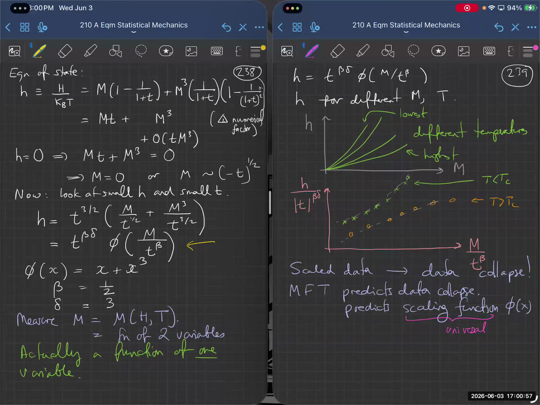Okay. So then suppose that we have t equals Tc. If we have t equals Tc, then that means that little t is equal to 0. And so our equation of state is h is equal to mt plus m cubed.